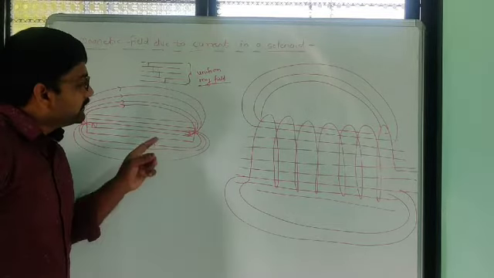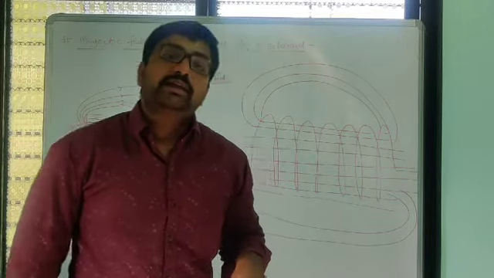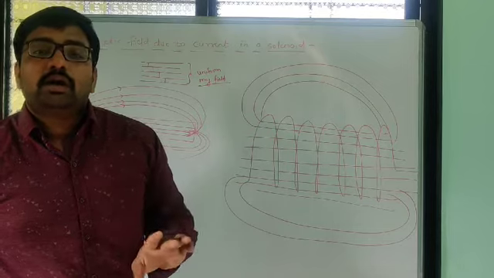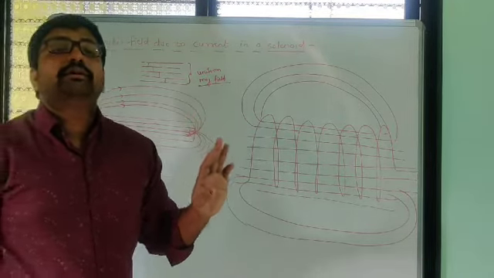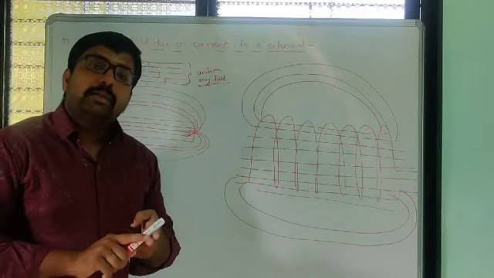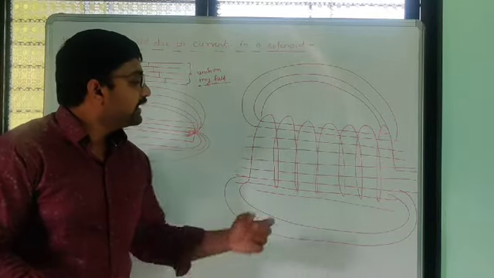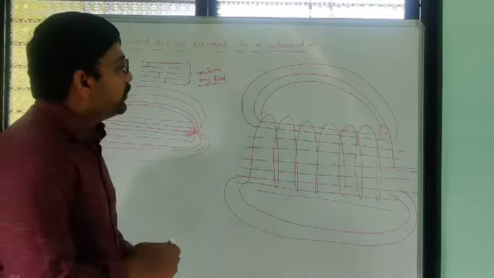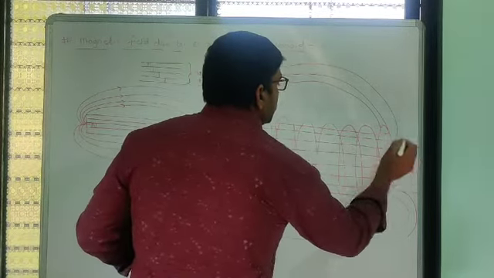So we can say that the magnetic field produced around a current carrying solenoid is equal to the magnetic field produced around a bar magnet. The nature of both fields is the same. So we can say that a solenoid is also a bar magnet. It also has two poles, one north pole and one south pole.